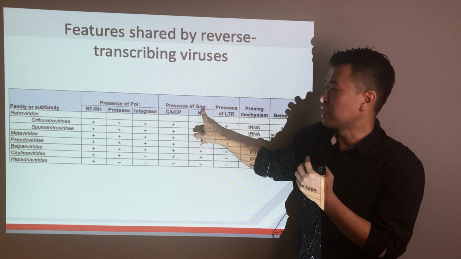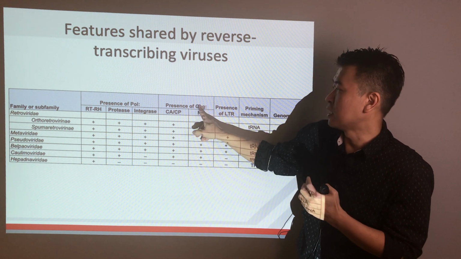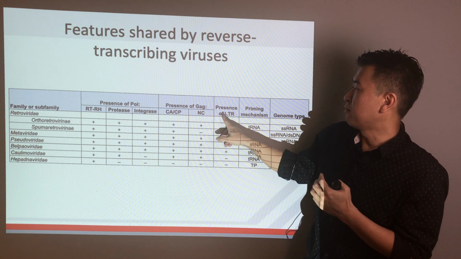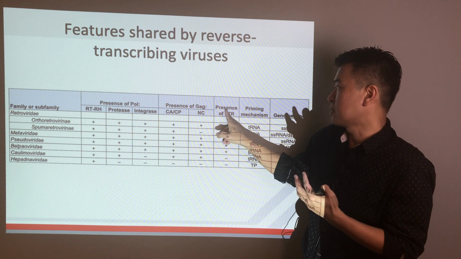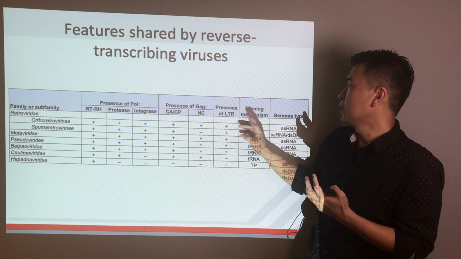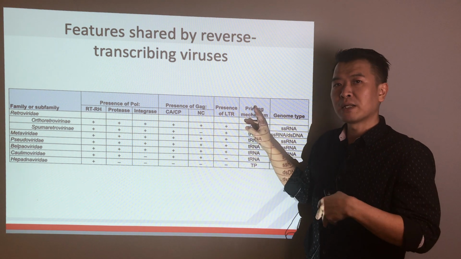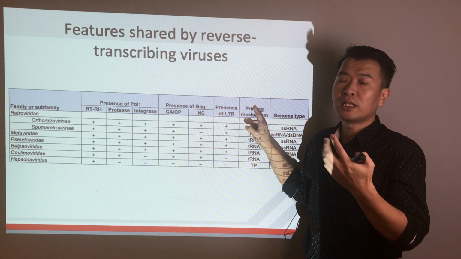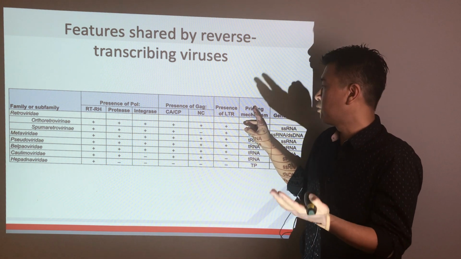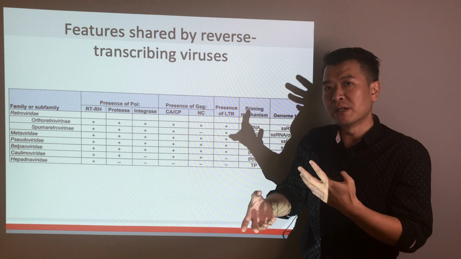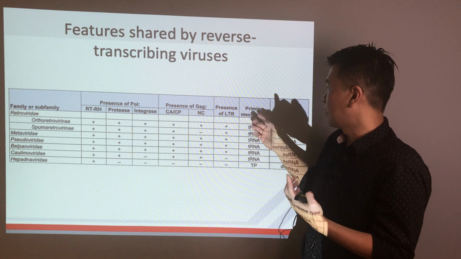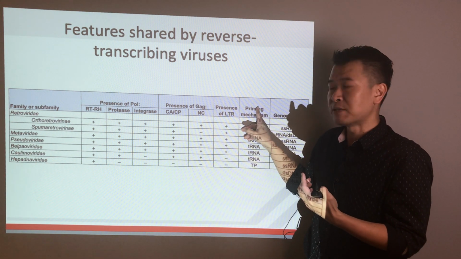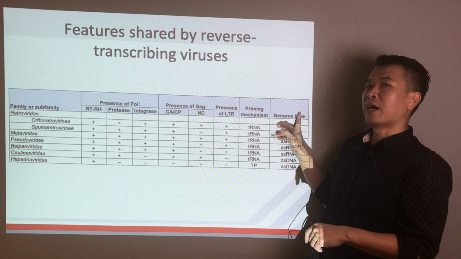Then we have the long terminal repeat, which is something we're going to look at later on. Then there is how the priming is carried out, because remember, replication needs a primer in order to transcribe and so on. This is the priming mechanism. And then the genome types.